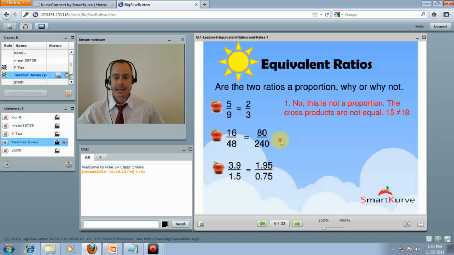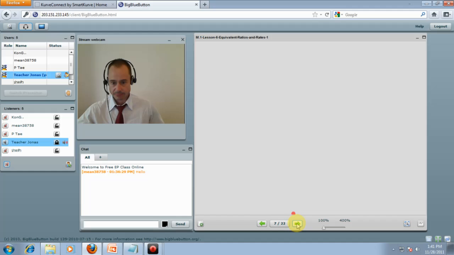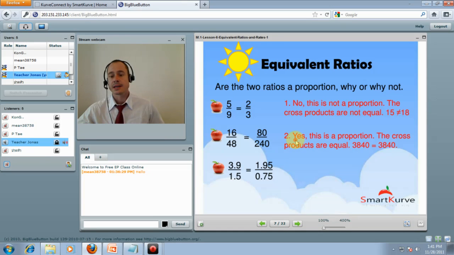So let's look at the next example. 16 divided by 48, is that equal to 80 divided by 240? I give you 10 seconds more to think about it. Maybe you can use a calculator. It is the same technique, and in this case, yes, this is a proportion.